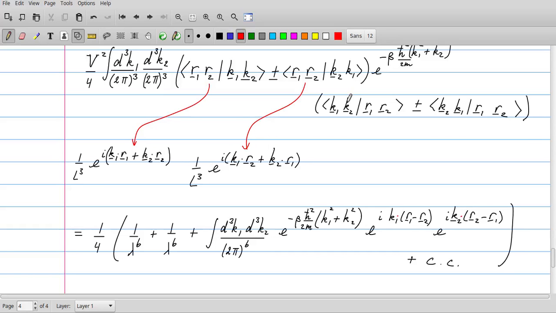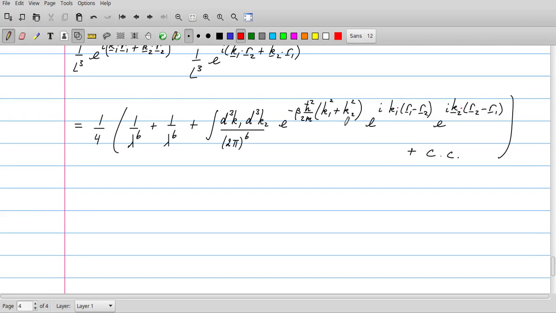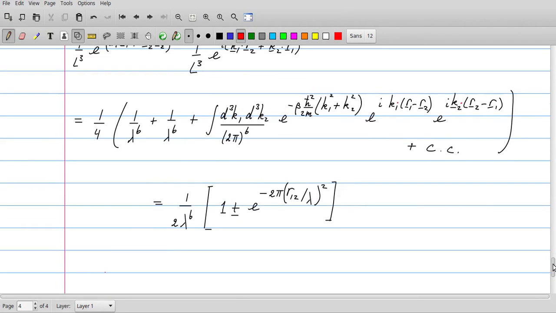And if we work out the Gaussian integral, so you see this is nothing but a Gaussian integral because these are linear terms in the integration variables k, then we find the final result. If we would have just the classical ideal gas, the particles wouldn't feel each other, so I would just have a constant probability for two particles to be at two different positions. We see that this is the term which modifies this in quantum mechanics.